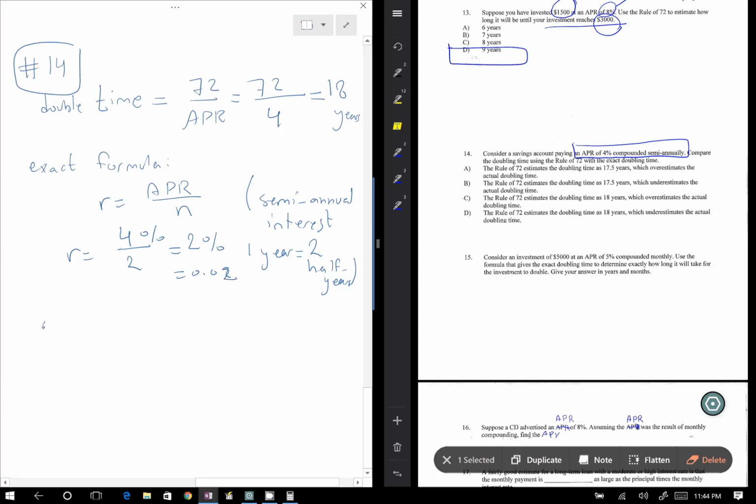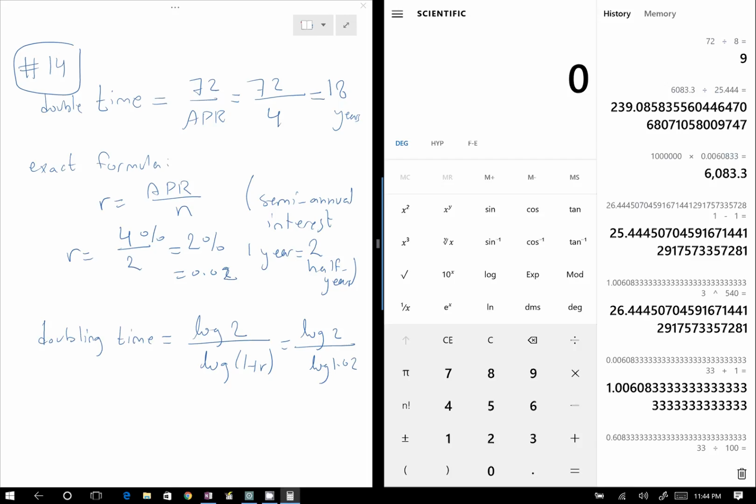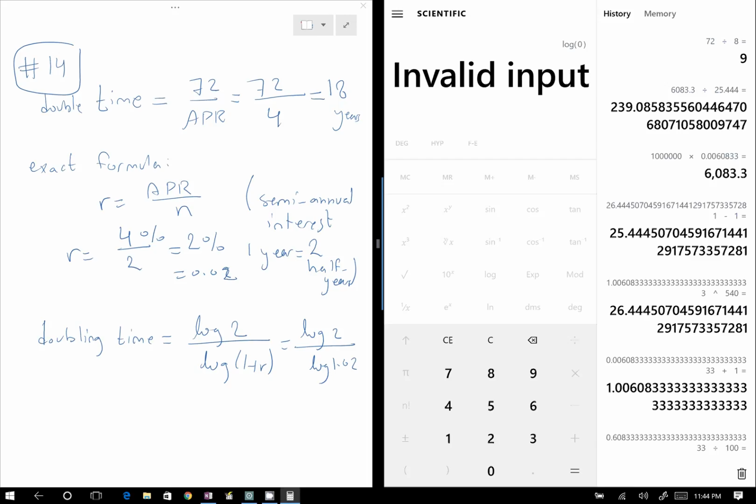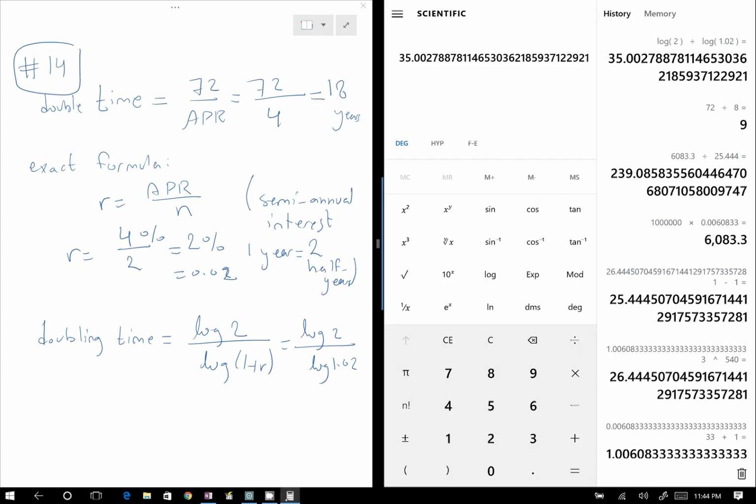So doubling time is equal to log 2 divided by log of 1 plus R. That's log 2 divided by log 1.02, and the answer is 35.